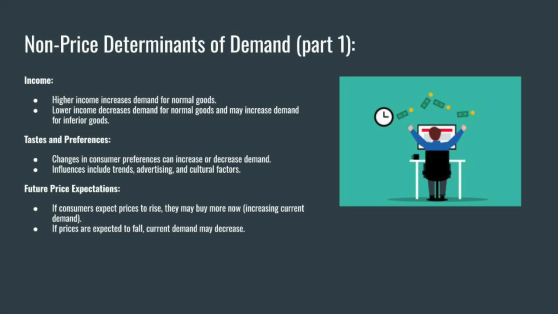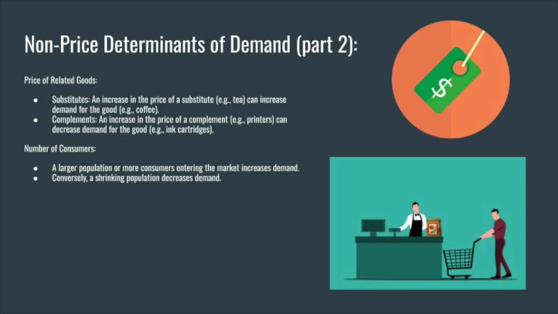3. Future price expectations. If consumers expect prices to rise in the future, they may increase their current demand, and vice versa. 4. Price of related goods. Substitutes: an increase in the price of a substitute good, e.g., tea versus coffee, can increase demand for the good in question.